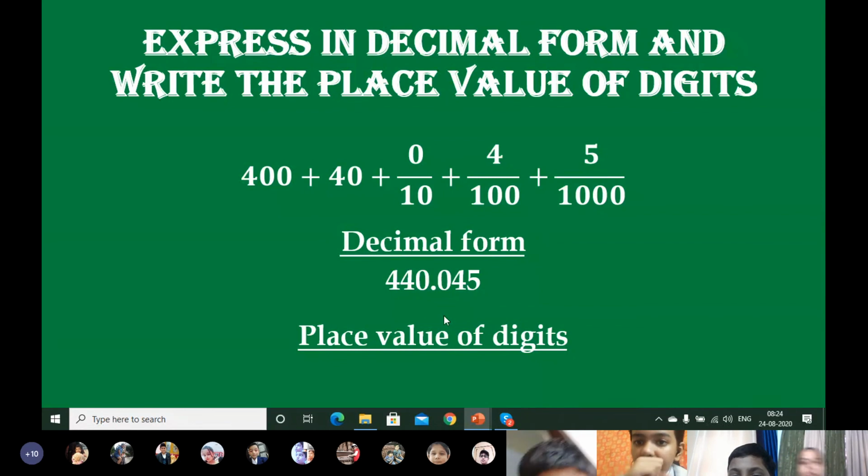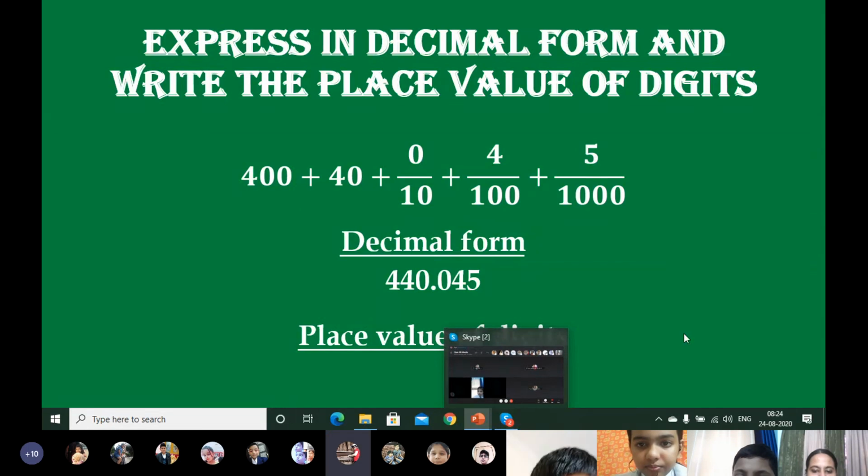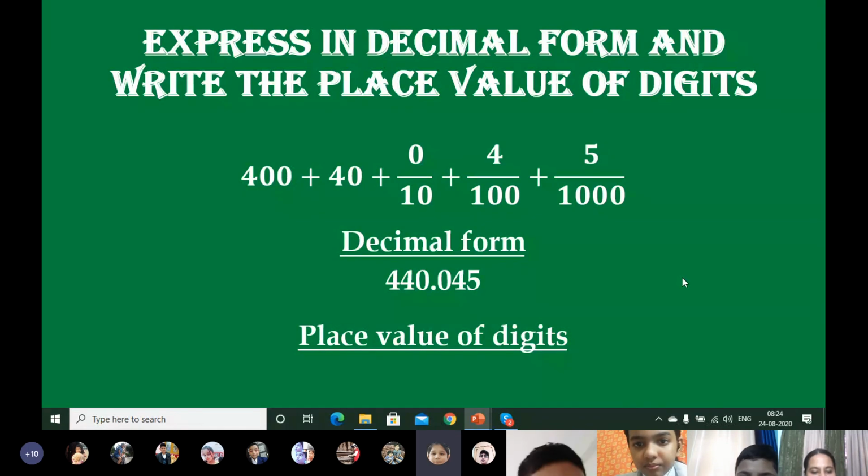You are wrong. 400 or 400s? What will be right? 400. 440. 4 tenths or 40 tenths?